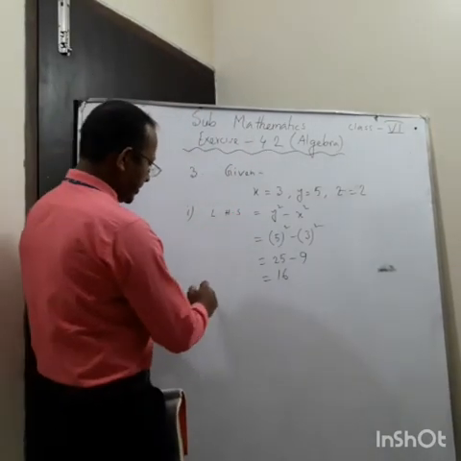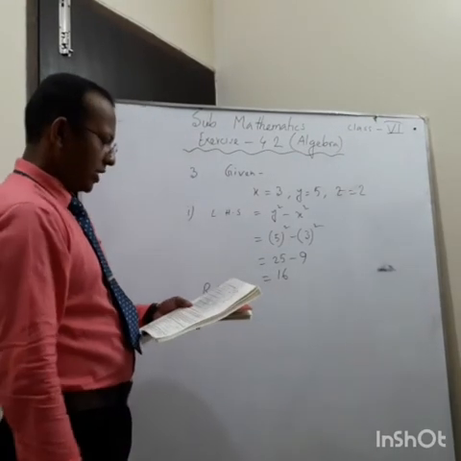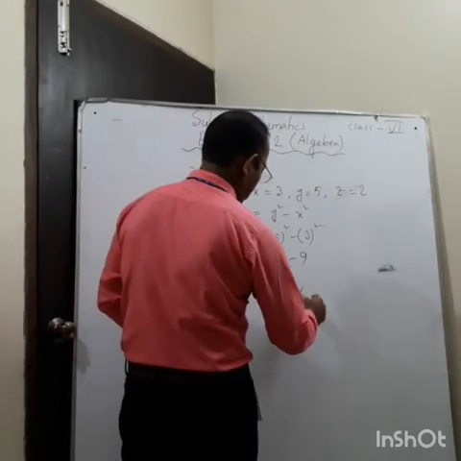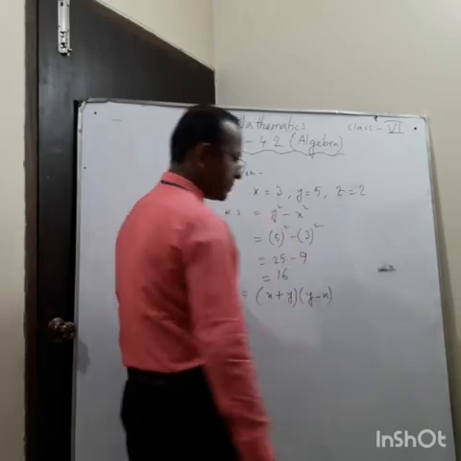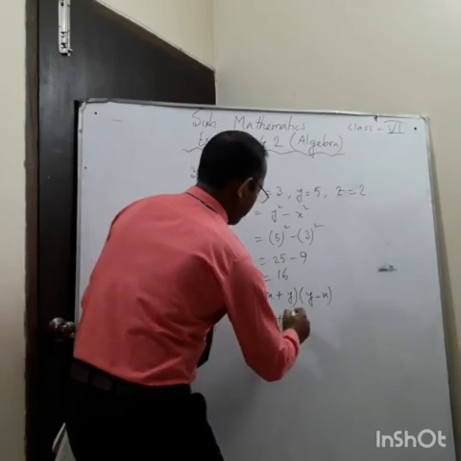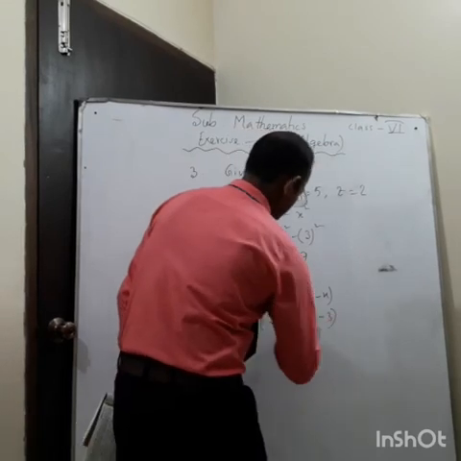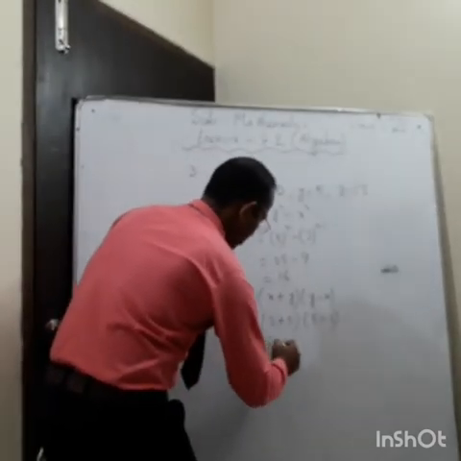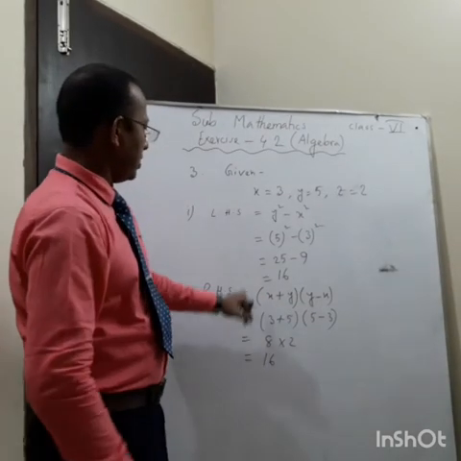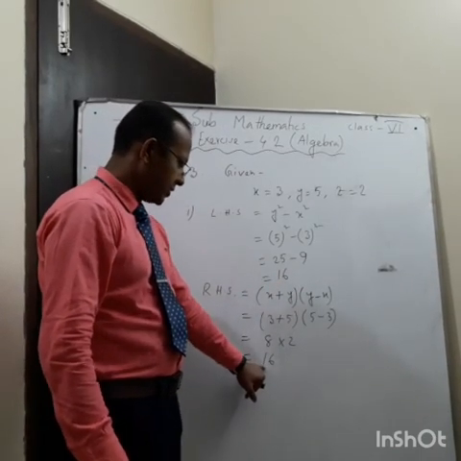Again the right side: we get x plus y into y minus x. This is 3 plus 5 into y means 5 minus 3, that is 8 into 2, that is 16. So the value of the left hand side is 16 and the value of the right hand side is 16.